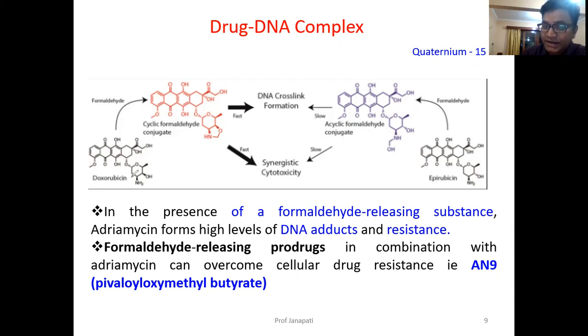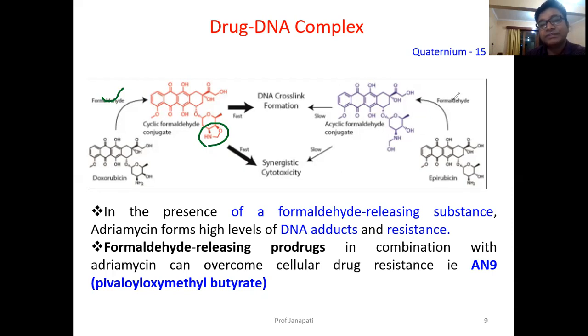Now, if you combine doxorubicin with formaldehyde releasing drugs, what happens? A cyclic formaldehyde conjugate is formed on the sugar molecule between the amine group and the hydroxyl group, and cross-linking is very fast.